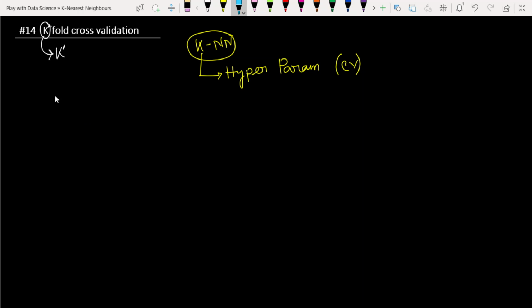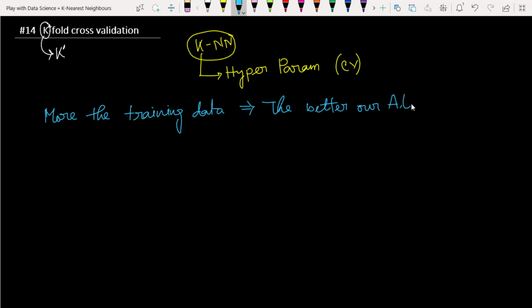More training data implies a better algorithm. We already know that the more data we use, the better our algorithm will be.